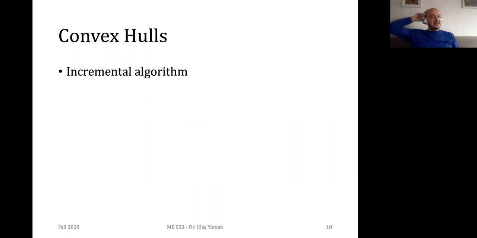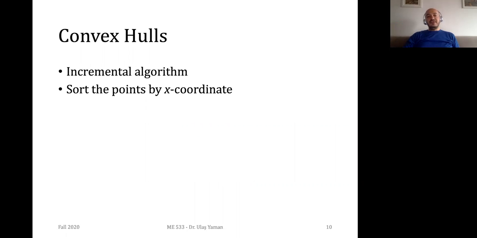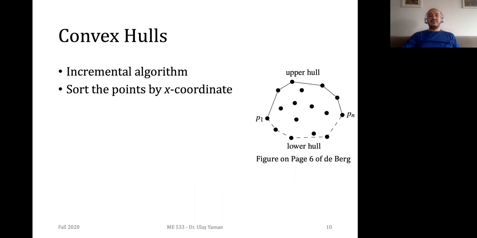And for that purpose, we are using an incremental approach. What we are going to do, we will sort the points according to their x coordinates. And then we will start working on the point having the smallest x coordinate. For instance, this is again the same set of points. As you see, this time we have new terms, upper hull.